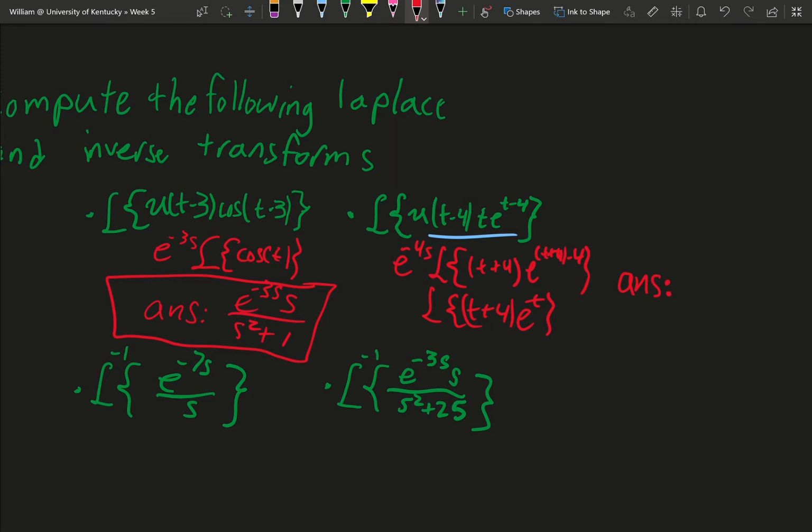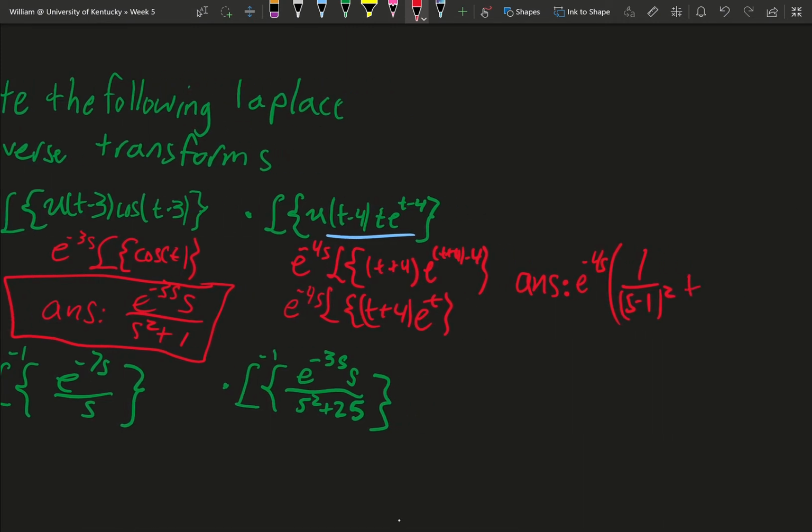And so our answer is going to be e to the negative 4s times t times e to the t, which is 1 over s minus 1 squared, plus 4 times the Laplace transform of e to the t. So that's our answer there.